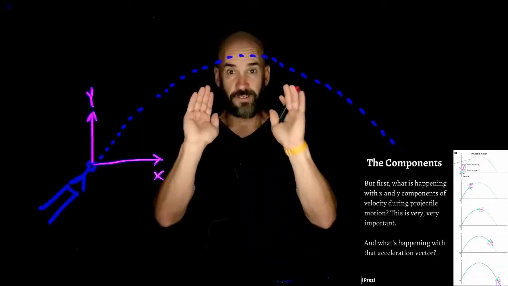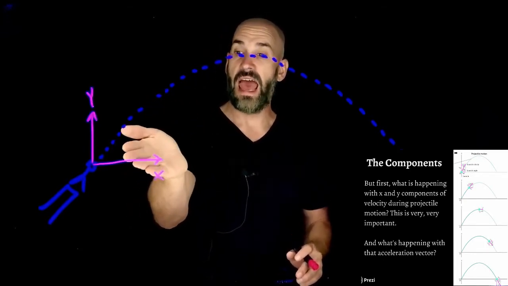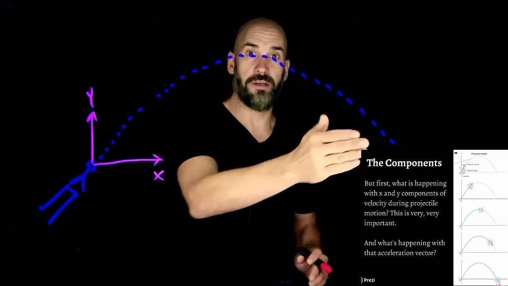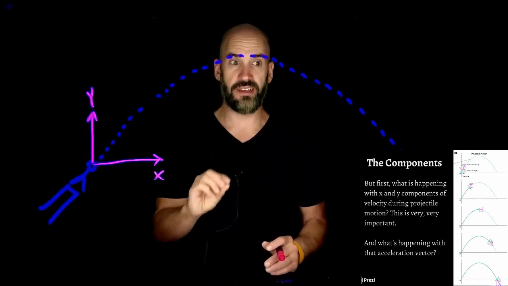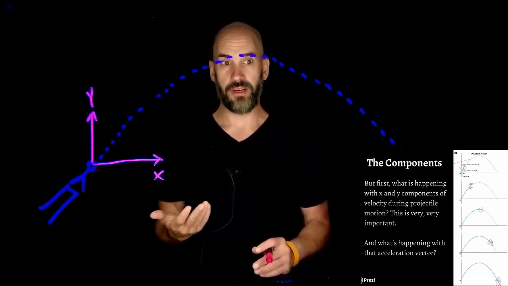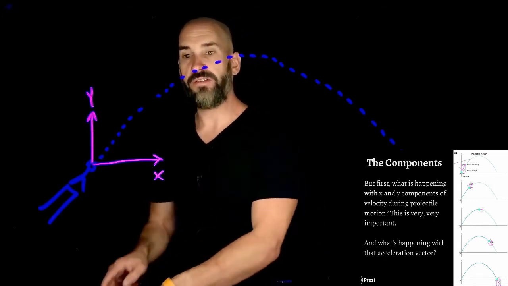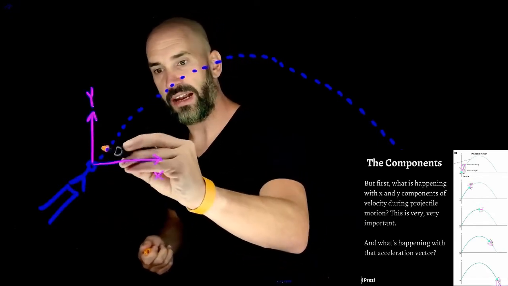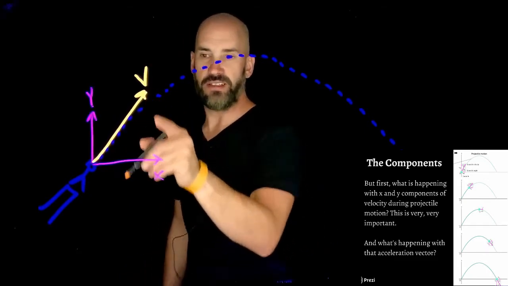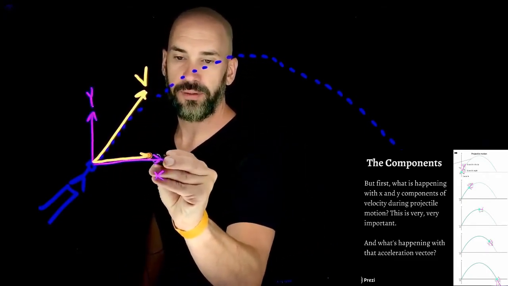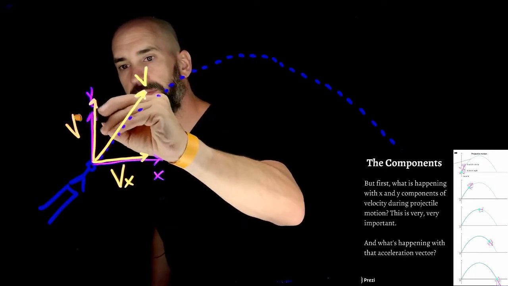I want to analyze this very carefully so that you see exactly what's happening to the components of velocity as an object moves through this parabolic arc, okay? Once you have an understanding of what's going on with the components of velocity, the problem becomes a little bit easier. So here's what's happening. At the very beginning, this guy's shot out with some velocity v. There's going to be an x component of that velocity and a y component of that velocity.